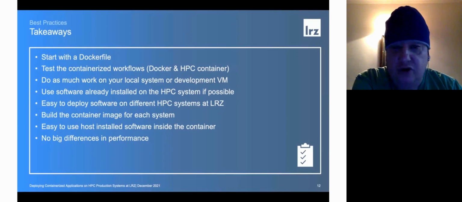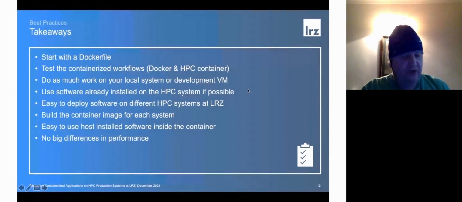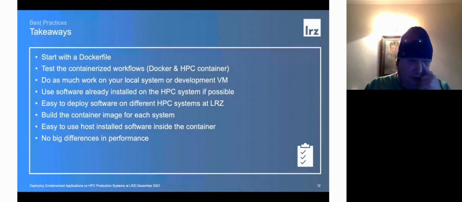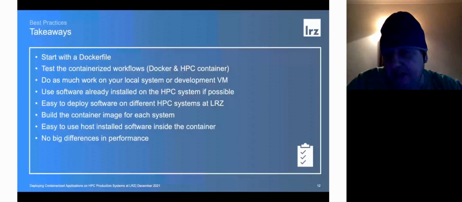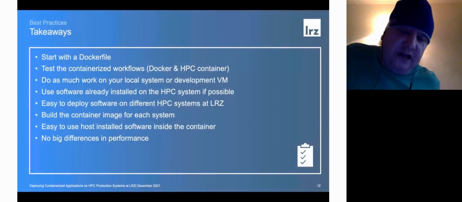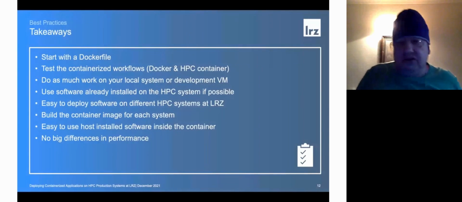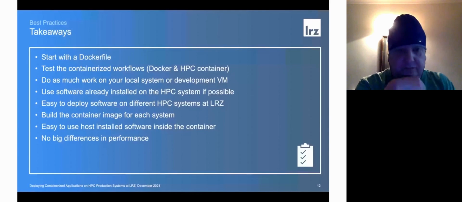Do as much work on your local system. Again, this is a problem for HPC systems, in that you don't generally have root on the system. So anything where you have to build it with root, you can't do that. So do it on your local system. And specifically at LRZ, because we don't have an internet connection, you can't just pull it down from a registry. So it's not necessarily straightforward to actually do that.